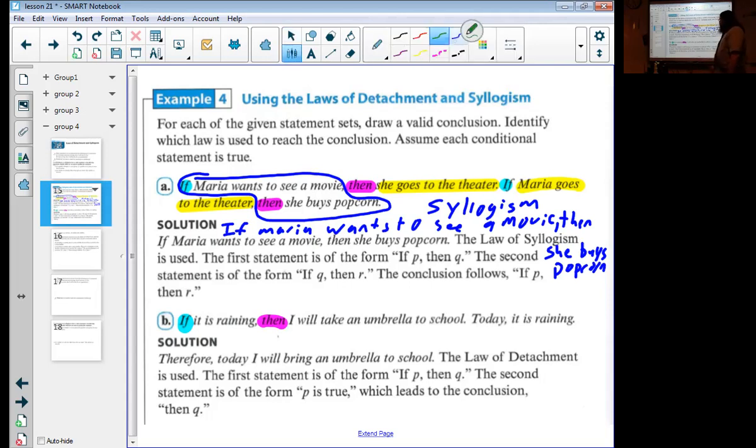Therefore, we have to see, okay, it is raining. If it is raining, that means we can use the law of detachment.